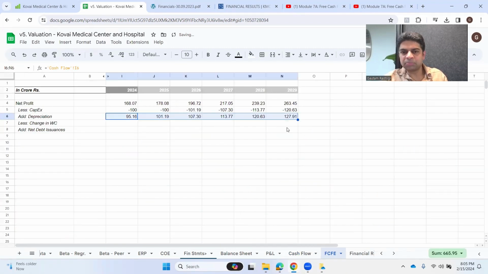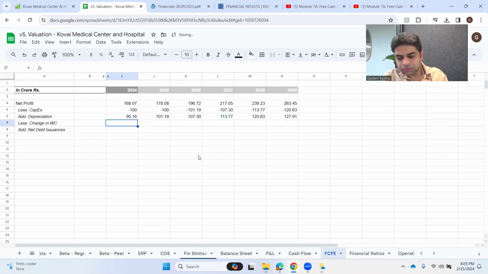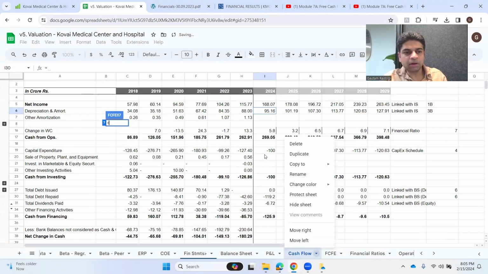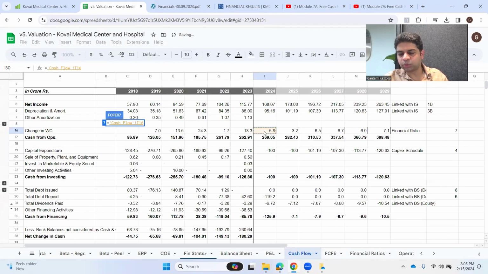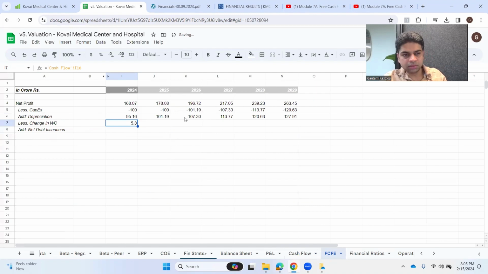Let's pull it forward. And then less change in working capital. It's just a matter of plug and play. From the cash flow statement, change in working capital. Let's drag it.